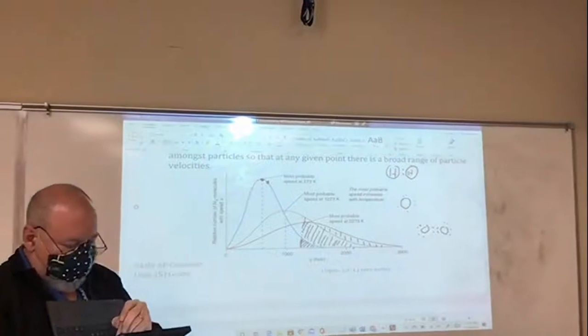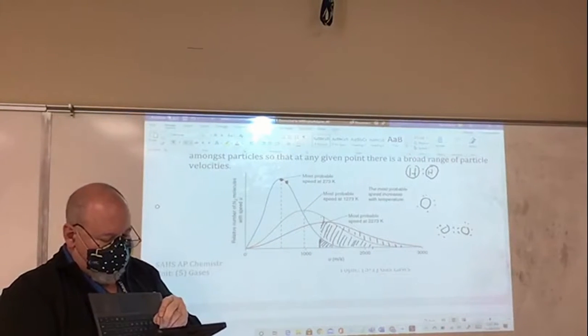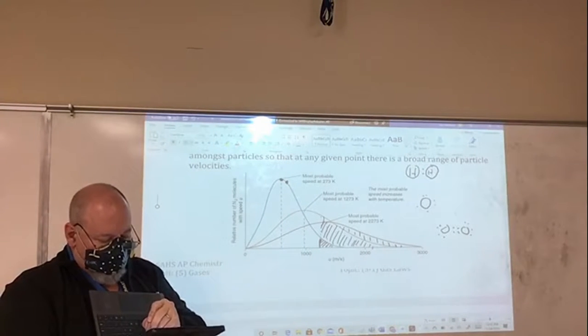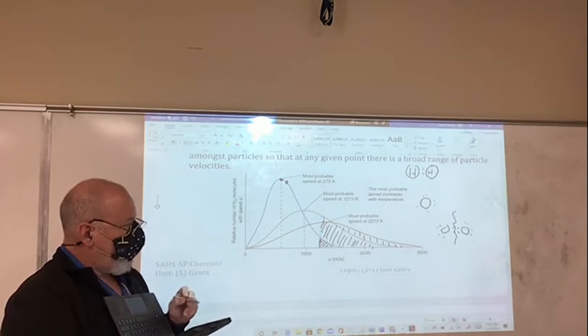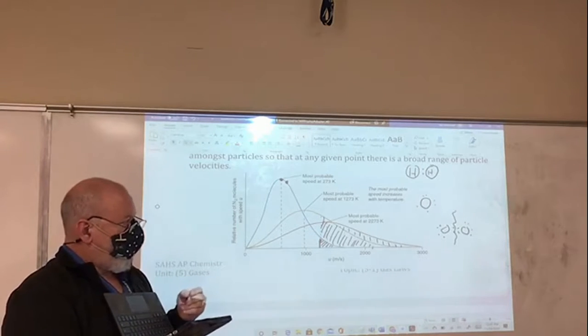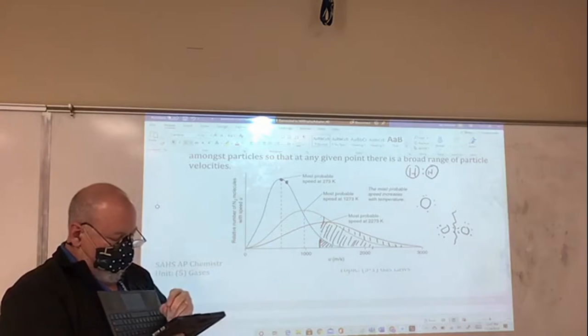In order for one of these oxygen atoms to be able to interact with these two hydrogen atoms, I've had to do this to begin with, okay? And that's going to require some energy for me to cause that to happen.